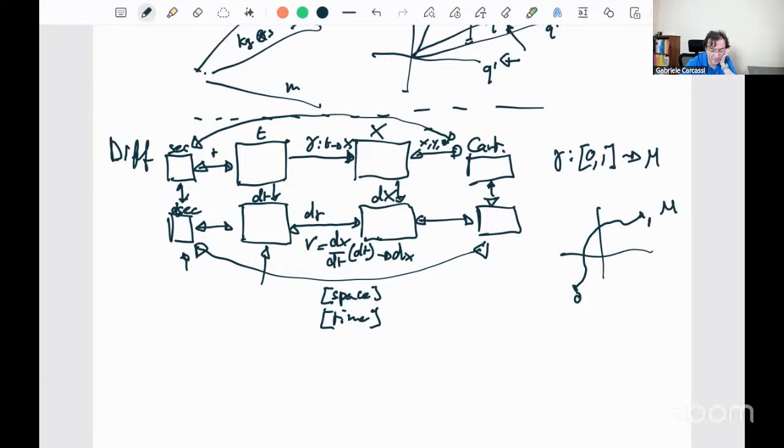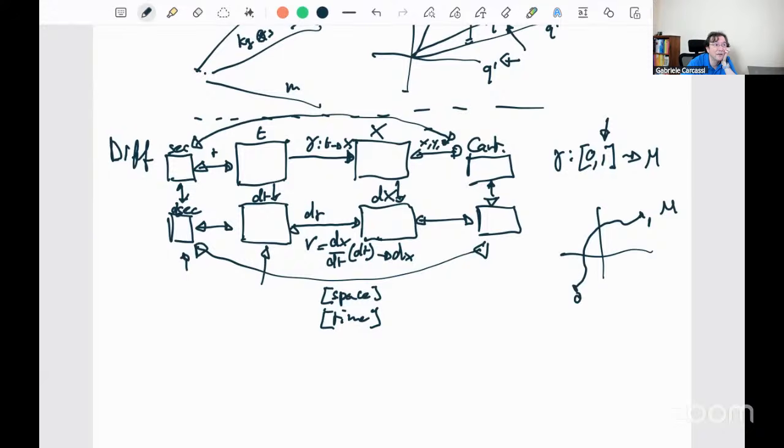The problem is that if I want to talk about velocity, I need to know that this has to be time. And if I make a non-linear transformation on that 0, 1, let's say, you take x squared, then you are changing the definitions and you are not going to have a velocity anymore, you have something else.